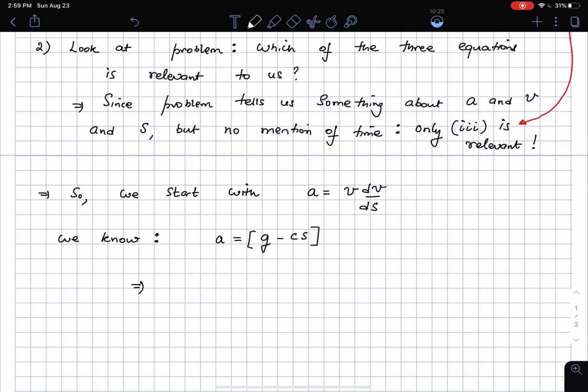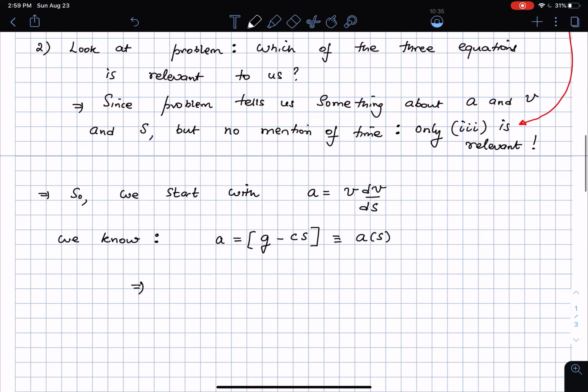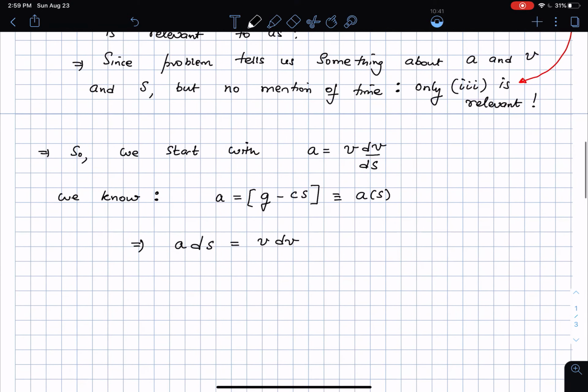The first thing I do is cross multiply the denominator and bring it onto a. A is actually a function of s, you see that, right? Which means ds times a is equal to v dv, or conversely v dv is a as a function of s ds, so I'm just going to substitute and start integrating.